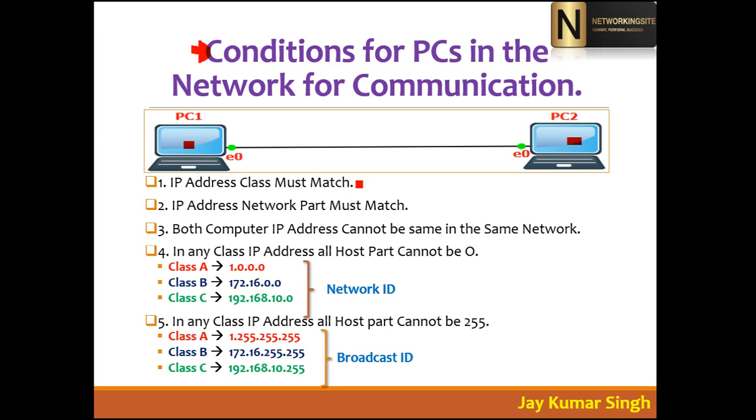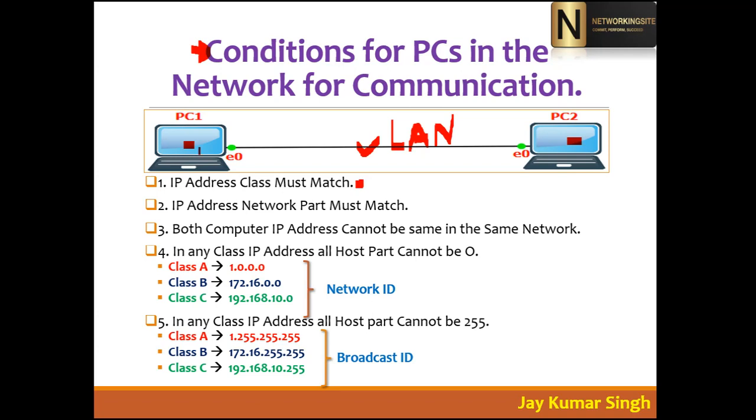There is no kind of mediator. So inside the LAN, we communicate directly with another computer with the help of a switch, a hub, or maybe they are directly connected. Here they are working inside the LAN, and a LAN is the same network, right? So the first condition is that the class must match.